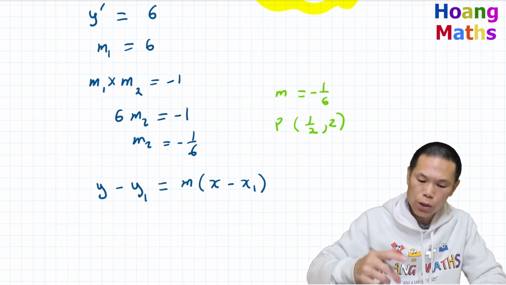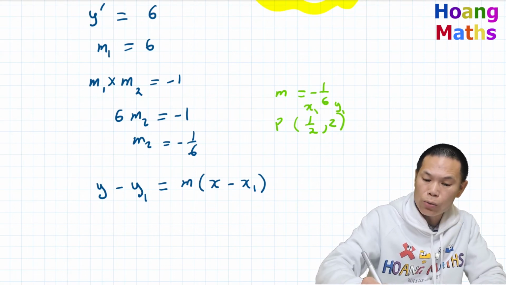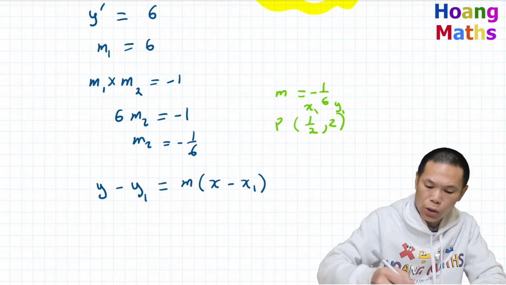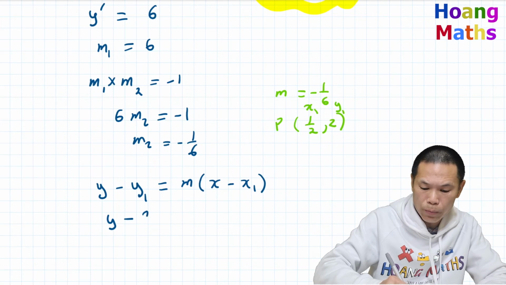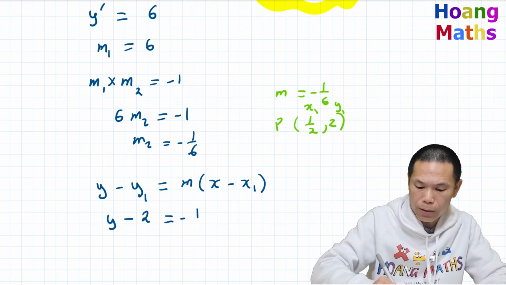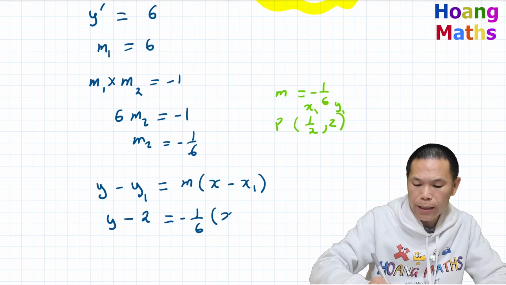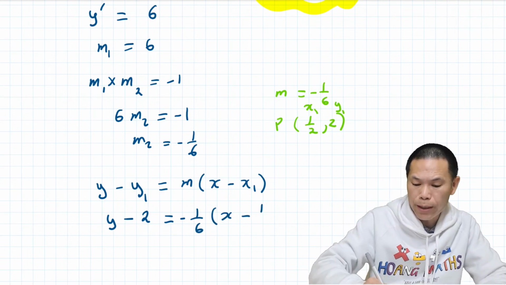So now we just substitute. Don't forget, x1 is a half and y1 is 2. So y minus y1, so that is 2, is equal to m, which is -1 over 6, times x minus x1, where x1 is a half.